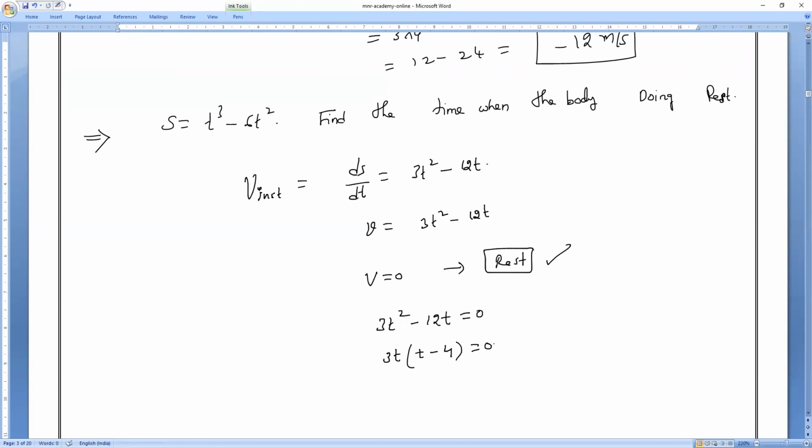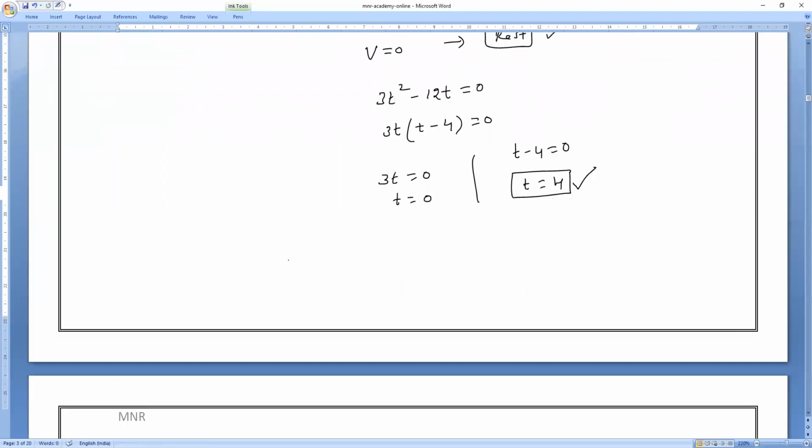Then what will happen? These two things are there. So 3t is equal to 0, and t is equal to 0. Same way, t minus 4 is equal to 0, then t is equal to 4. So at 4 seconds, what is the velocity of the body?